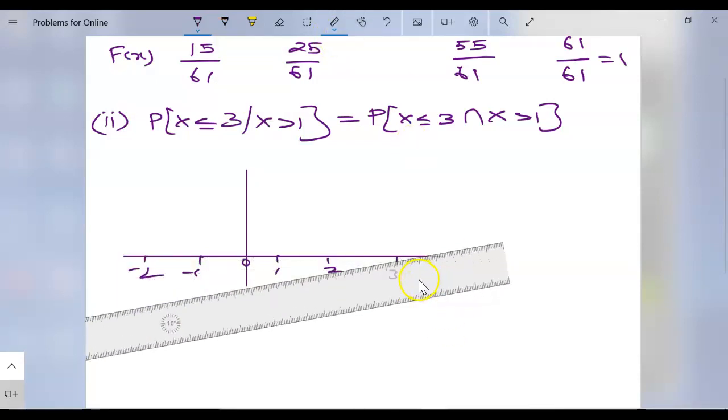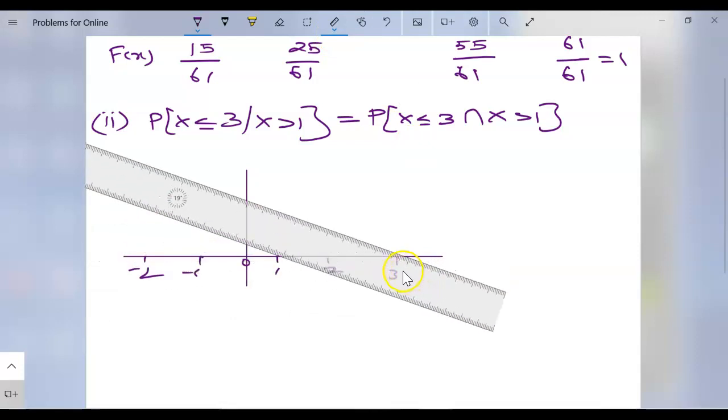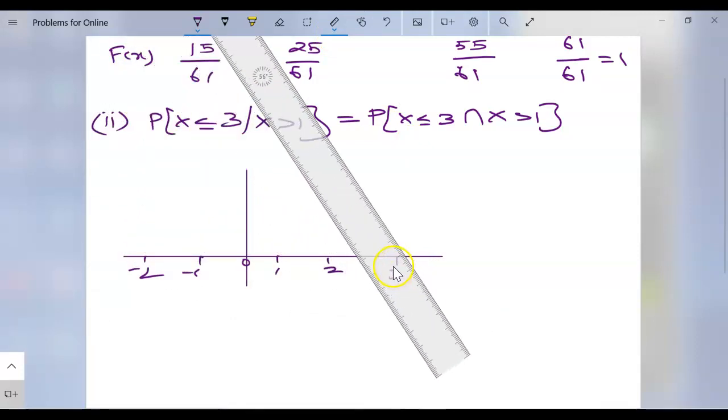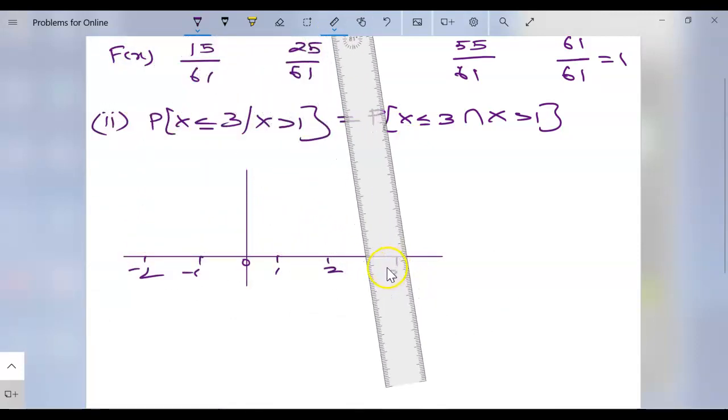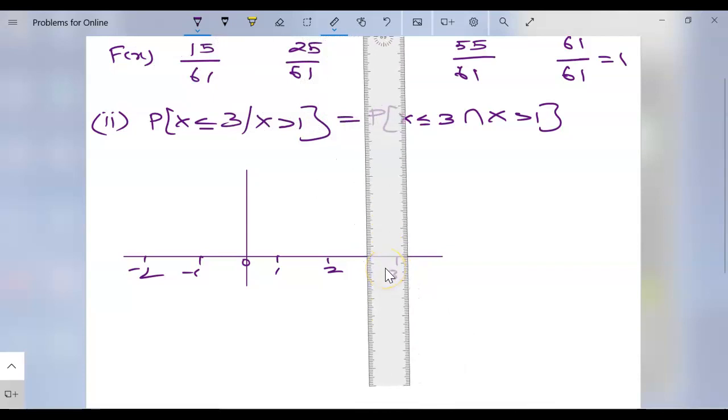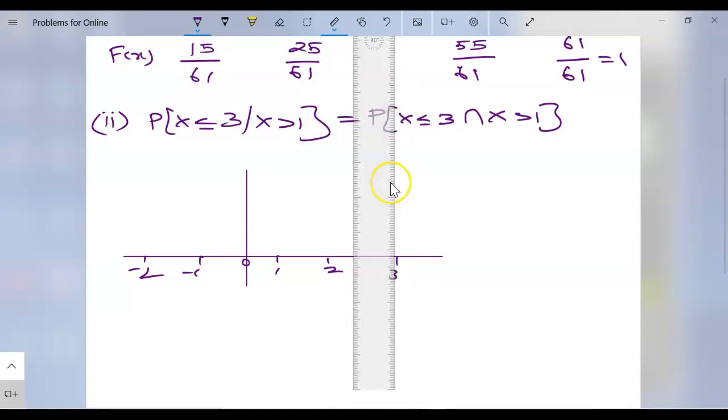I will use the red line for x equal to 3. Draw a very big line. So this is the one, x equal to 3.